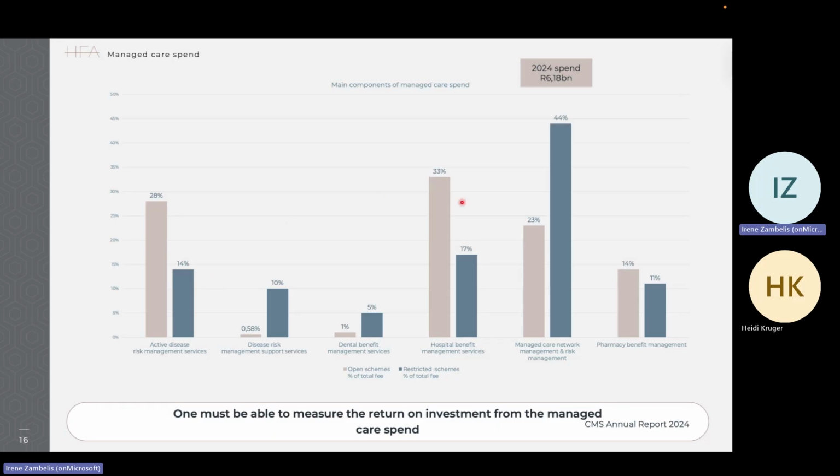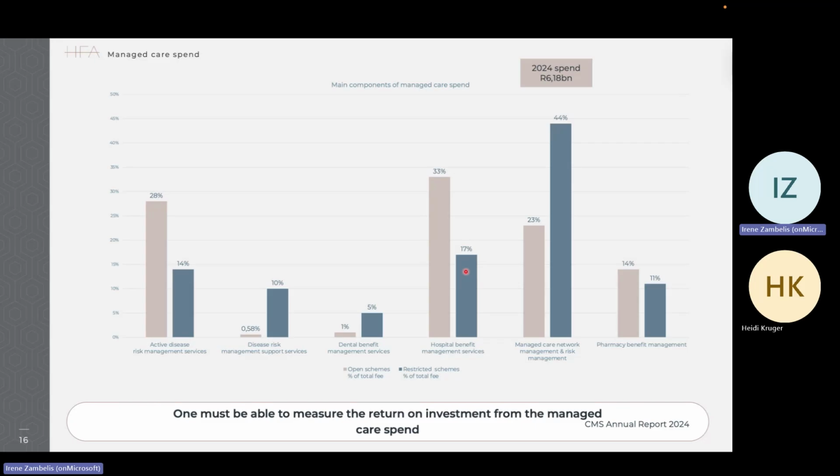So if we look at open schemes, we can see that they spent 33% on hospital benefit management, then 28% on active disease risk management, and number 3 was managed care networks, and then pharmacy benefit management.